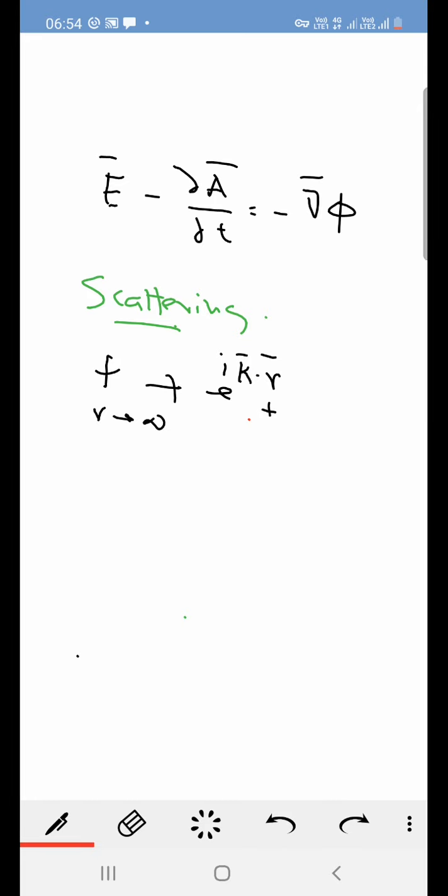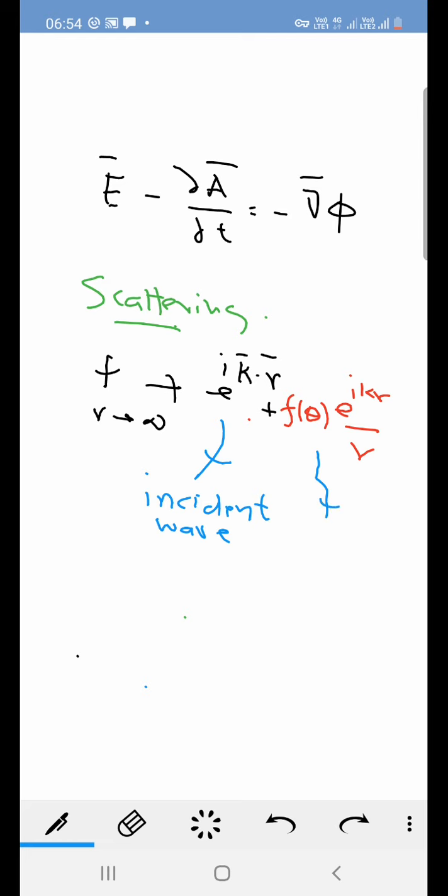times e to the power i k r by r, where the first term is the incident wave, and the second is the scattered wave.